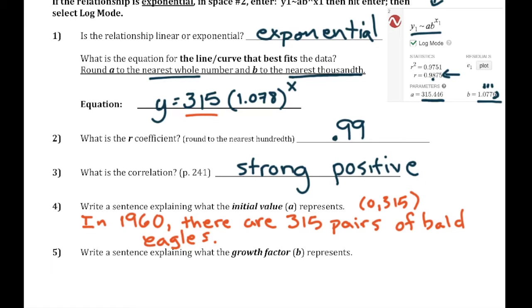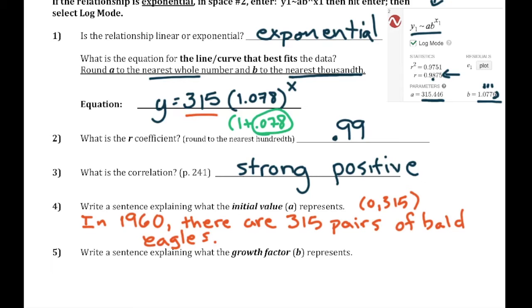Okay, number 5, write a sentence explaining what the growth factor B represents. Well, our growth factor is 1.078. So remember, when we break this up, we could write this as 1 plus 0.078. And that 0.078 is how much we're growing, right? The 1 helps us just stay the same.